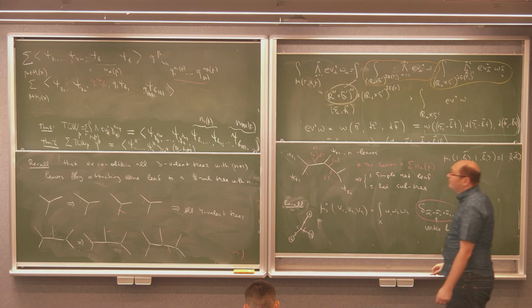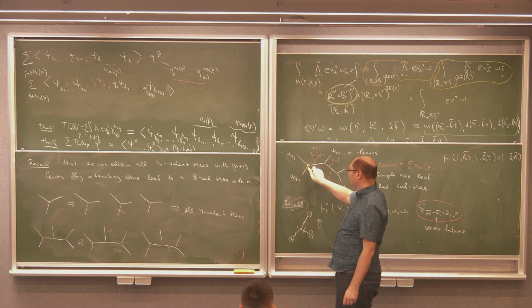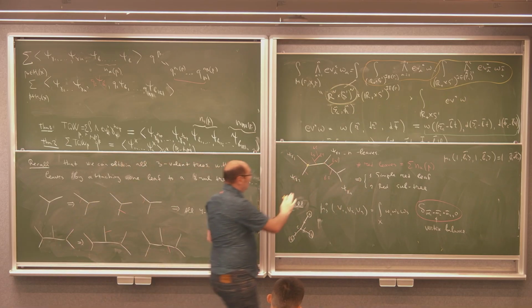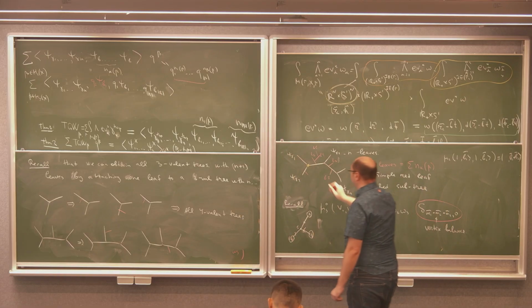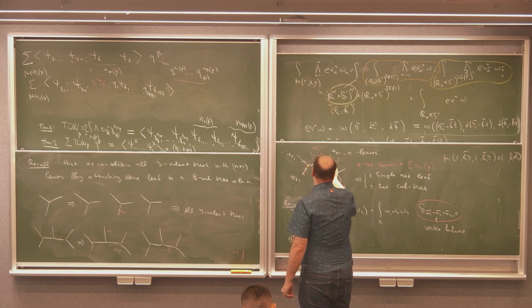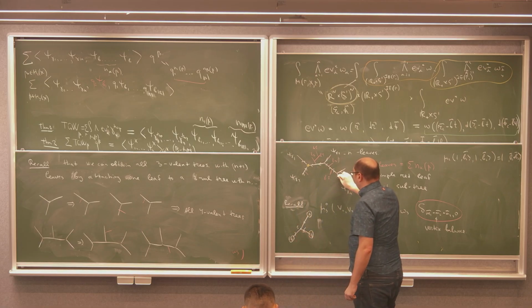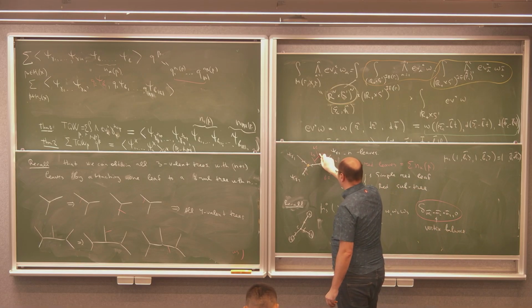In this tree we only have three-valent vertices, and somewhere we have this special vertex, say, I draw it as an orange vertex, where all edges are incoming. So let me orient all edges incoming, and all red edges we also choose to be incoming.